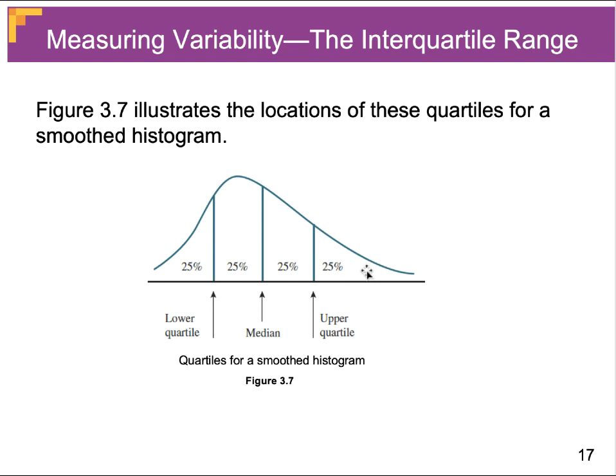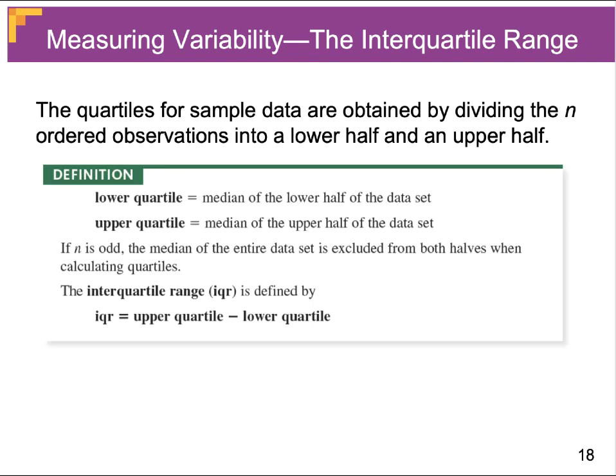So the interquartile range is going to contain this middle section, this middle 50% from the lower quartile to the upper quartile. By definition, your lower quartile is essentially just the median of the lower half of the data set. If you look at the lower 50%, it is right there at the middle, or the median. The upper quartile is the median of the upper half of the data set.